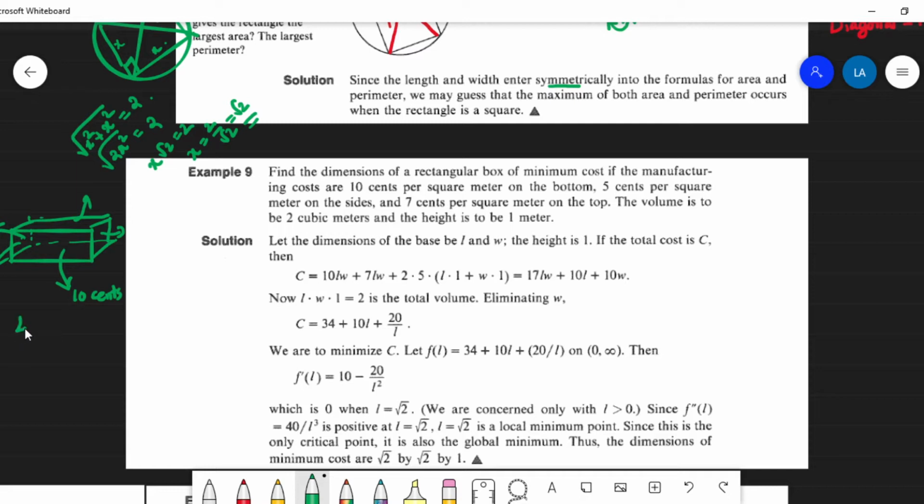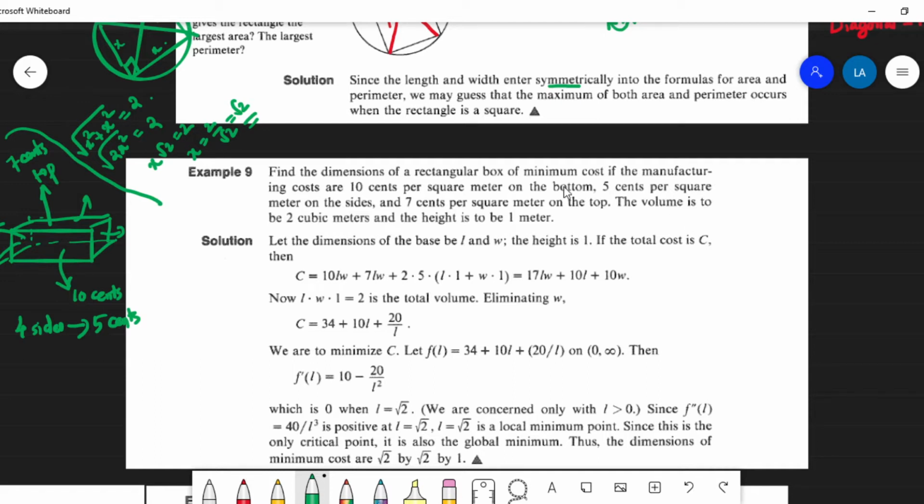So you actually have 4 sides for the box, and then you have the top. The four sides are given 5 cents per square meter, and for the top, 7 cents are required to make the top part of the rectangular box.